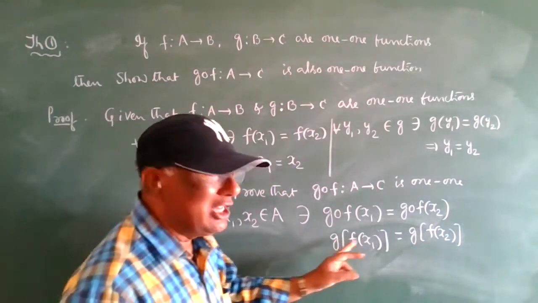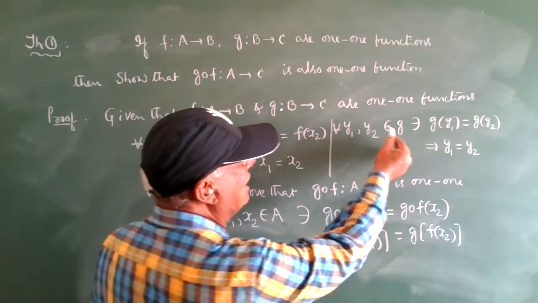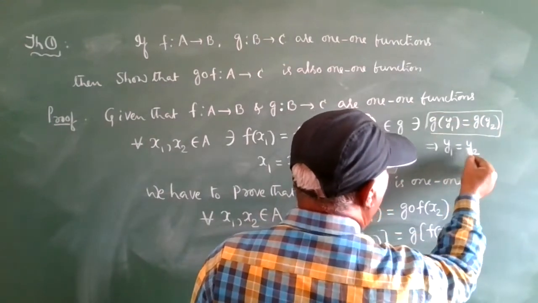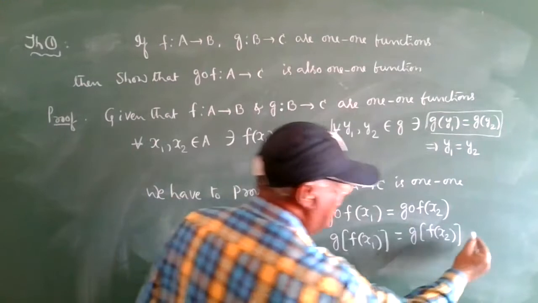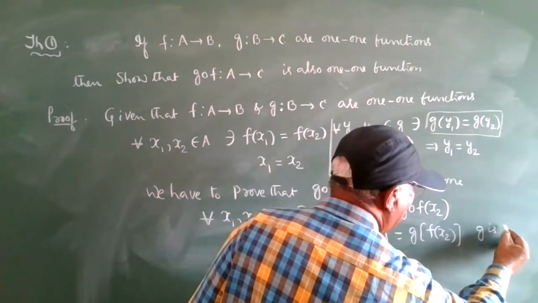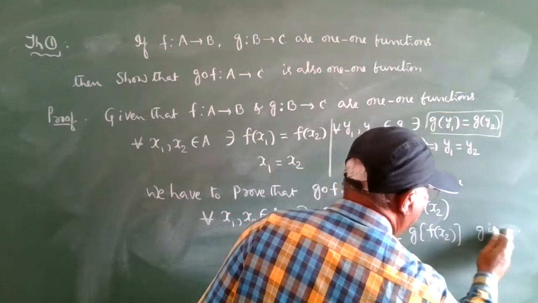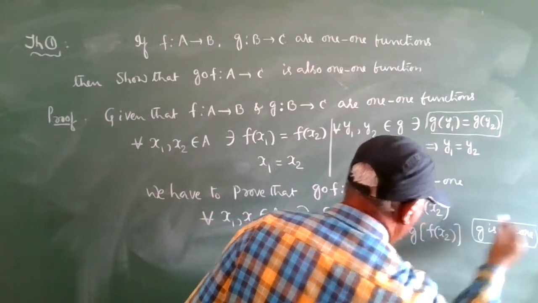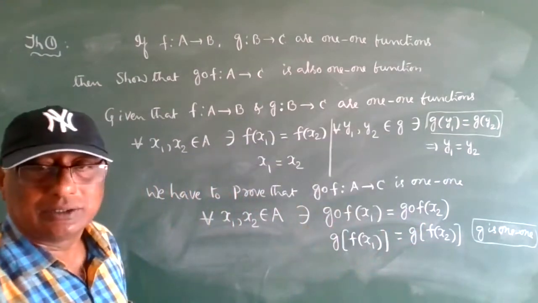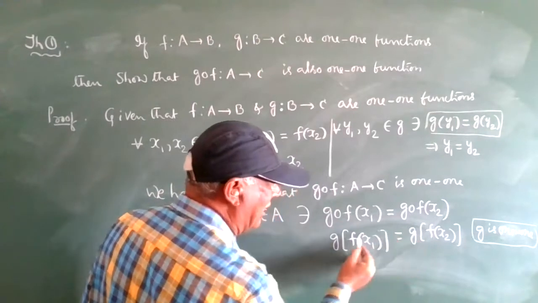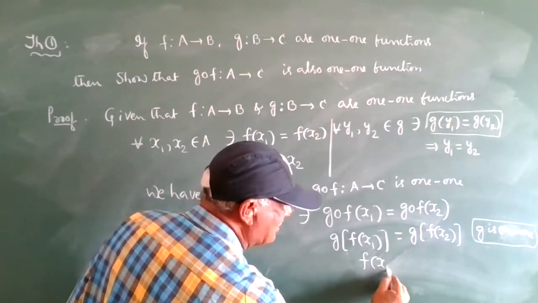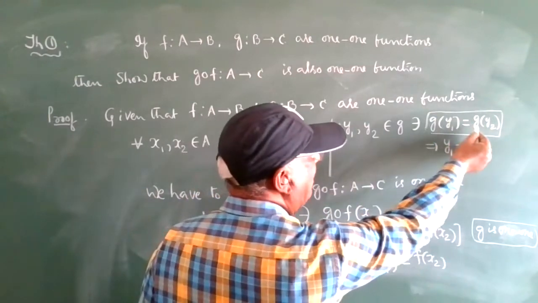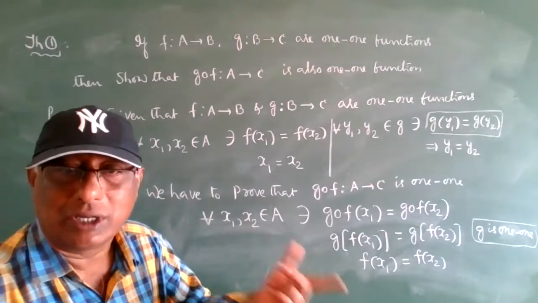Next, g is one-one, so images are equal and their elements are equal. g is a one-one function, so g replace: f of x1 is equal to f of x2, since g of y1 equal to g of y2 gives y1 equal to y2.